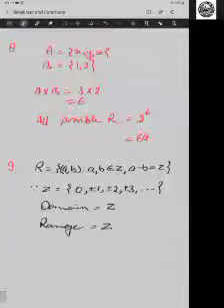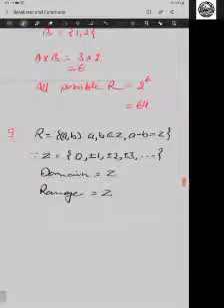And when it is an integer, it means it is holding the condition. So domain and range both will be integers in this case. So this question also we are able to understand.